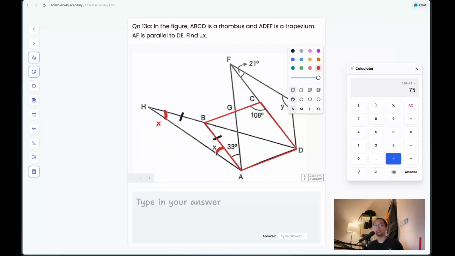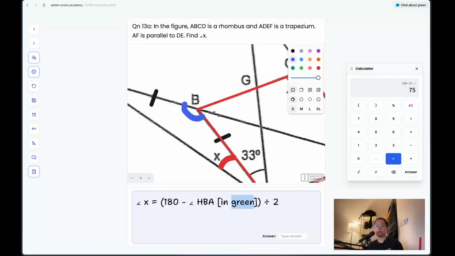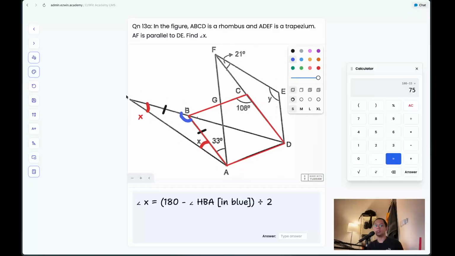So if we want to find angle X, then we need to find this angle HBA over here. So angle X is equal to 180 minus angle HBA, which is in blue, in square brackets, and we divide it by 2. So how do we then get angle HBA?